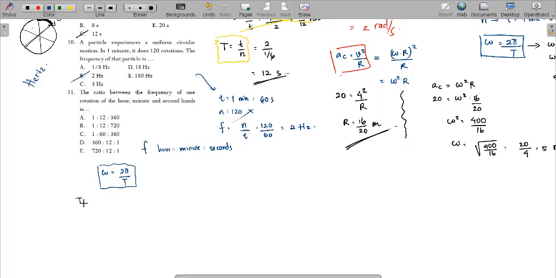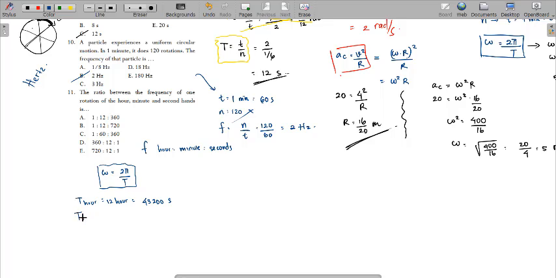And period for hour is 12 hours a day, meaning 43,200 seconds. You can calculate it using a calculator.